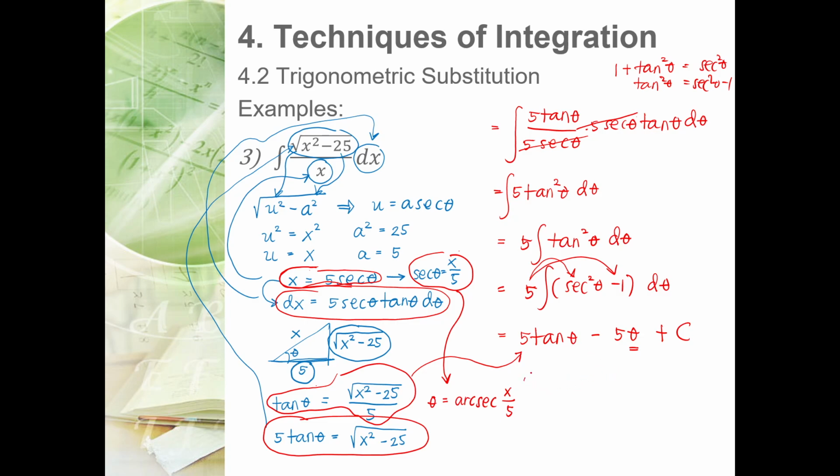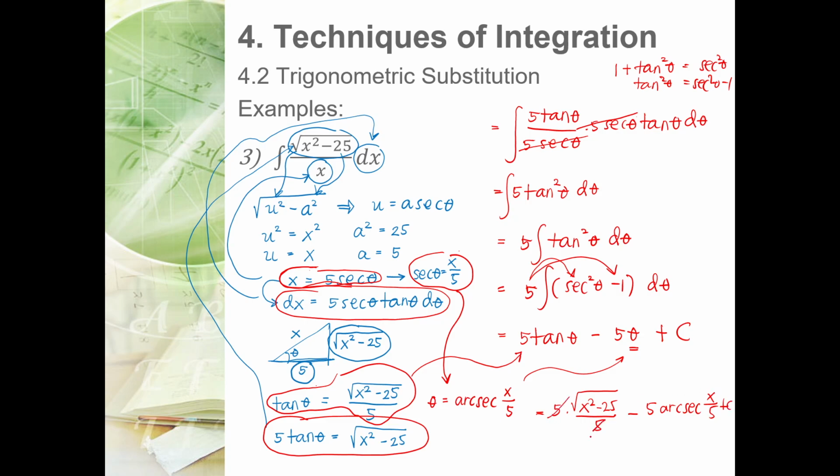Since we now have the theta function, the final answer is 5 times the square root of x squared minus 25 all over 5, minus 5 times arc secant of x all over 5, plus c.